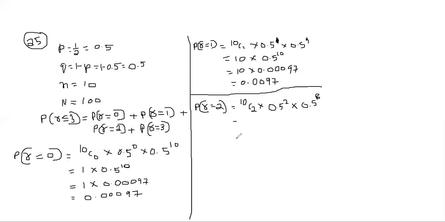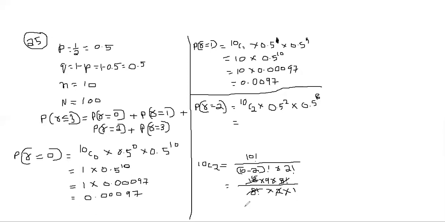We need to find 10C2. 10C2 is equal to 10 factorial divided by 10 minus 2 factorial into 2 factorial. 10 minus 2 is 8 factorial, which I'm not going to expand. 2 factorial is a small number, so I'll expand it. 10 into 9 into 8 factorial, and 8 factorial cancels. 2 into 5, 5 into 9 gives 45.